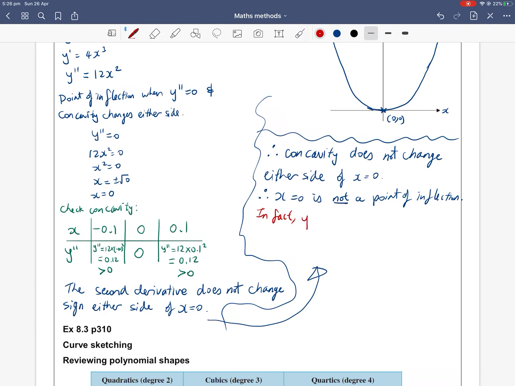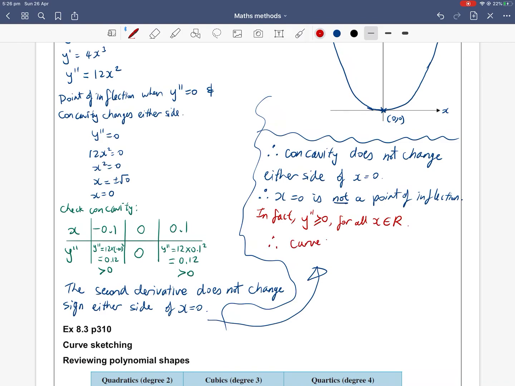So in fact, y dash dash is always positive, right? If you think about it, 12x squared, x things squared is always bigger than or equal to 0, and 12 times that is always bigger than or equal to 0. So in fact, y dash dash is always bigger than or equal to 0 for all real values, right?